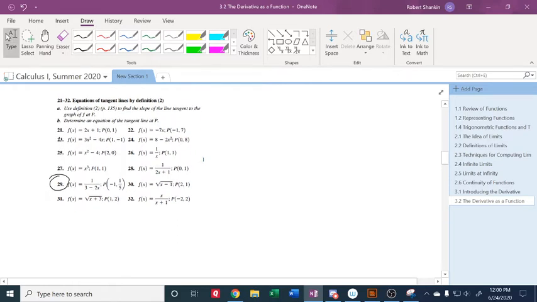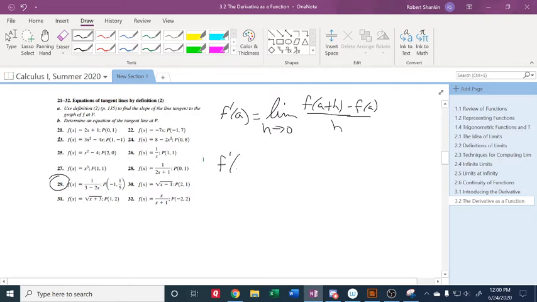Now this says use definition 2, which is the one that involves h. So I'll write that out: f prime at a is equal to the limit as h approaches 0 of f of a plus h minus f of a, all over h. So we're going to use f prime at -1.